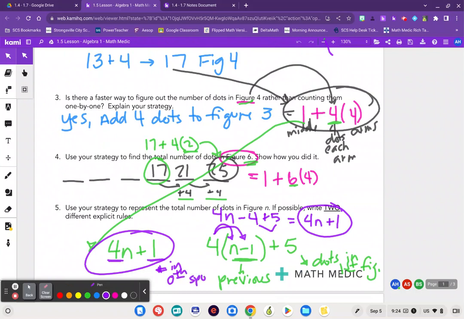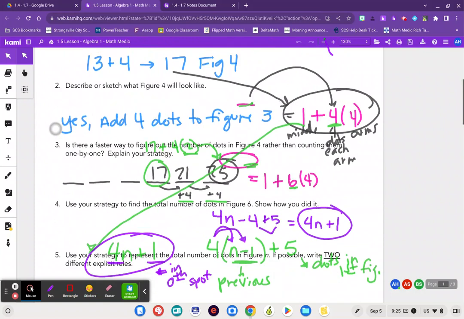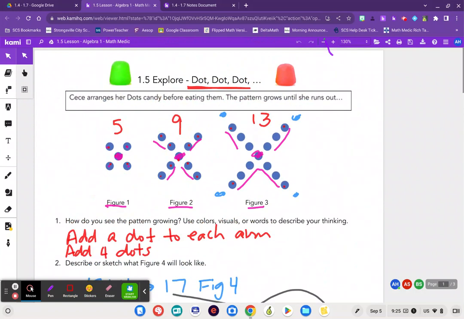And so I want to go back up and talk to you about that. Or we can talk about this previous term. Sometimes that n minus 1 throws people off. So let's come back up here and say, hey, if this is my figure 1 and figure 2 and figure 3, how many dots would be in figure 0? So I'm going backwards.